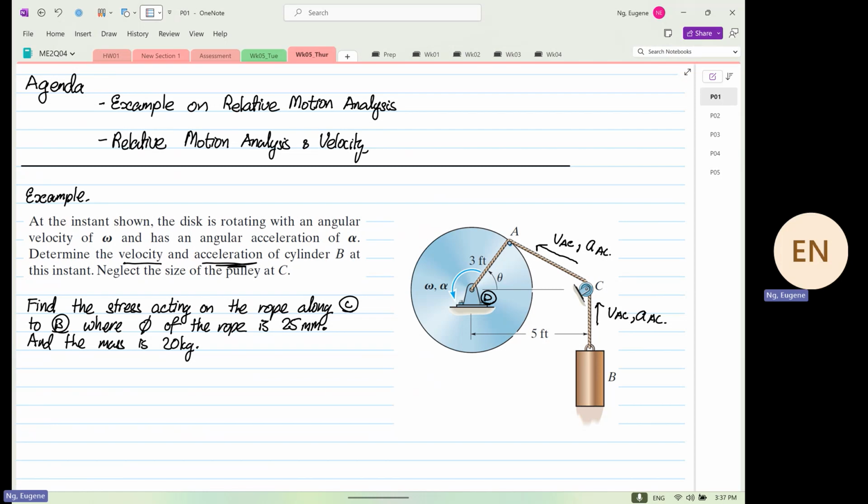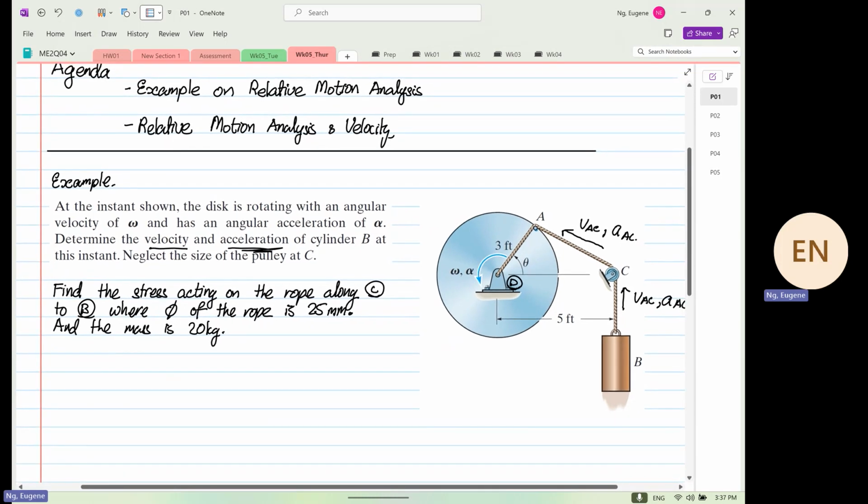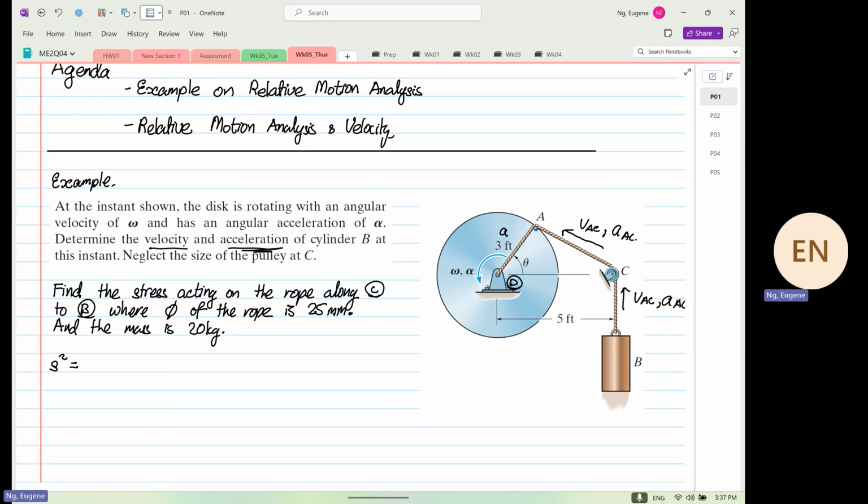We are able to relate in the sense of distance. So we know that S squared is, if I'm going to call this A, I'm going to call this B, and I call this S. So this is equal to A squared plus B squared minus 2AB cos theta.